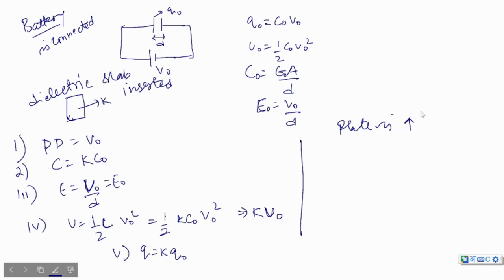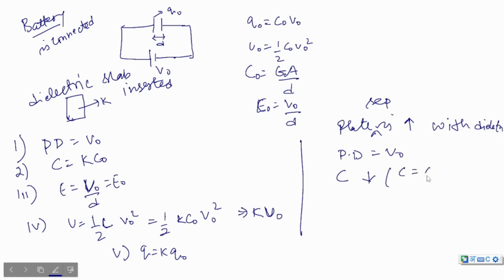Plate separation is increased without dielectric. So potential difference will be V naught. Since battery is connected, capacitance will decrease. Why so?